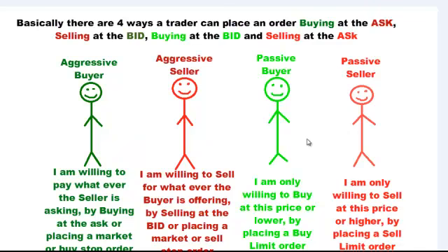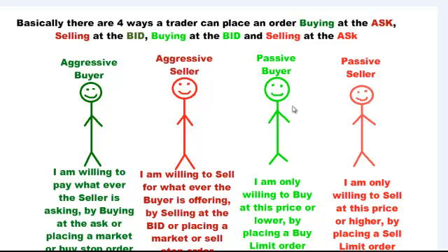Now, if they're being passive, they're placing limit orders. I am only willing to buy at this price or lower. So if he's buying, you want to buy low, you place a limit order. It comes down to, say, $100. If it goes anywhere between $100 and zero, he's going to get filled, at the first available price that somebody's making an offer to sell at.